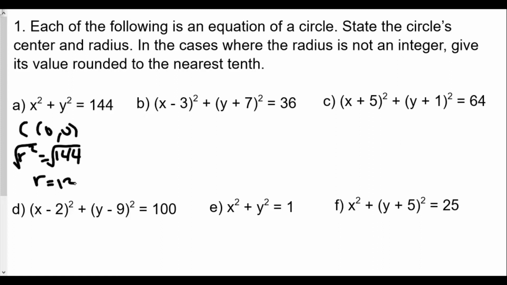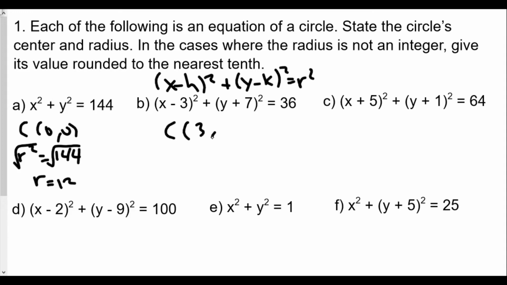Now for B, we have the equation (x minus 3) squared plus (y plus 7) squared equals 36. So remember, our equation of a circle is (x minus h) squared plus (y minus k) squared equals r squared. And so x minus 3 means our center has a value of positive 3 for the h value, or really the x value of the center.